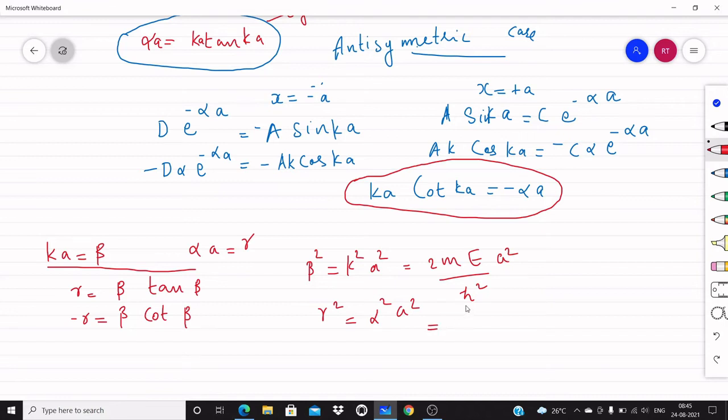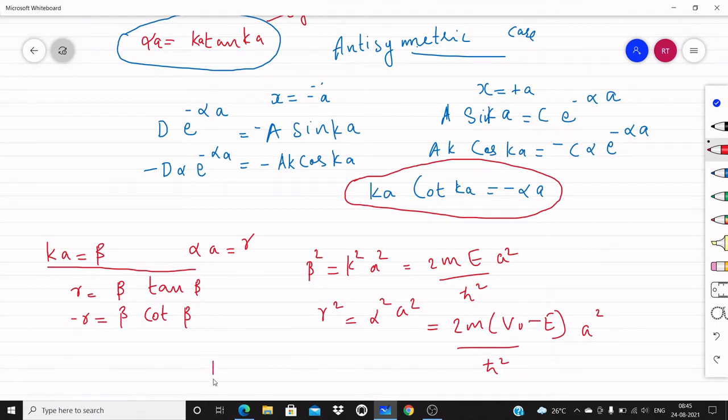You know that alpha is 2m V0 minus E divided by h cut square into a square.